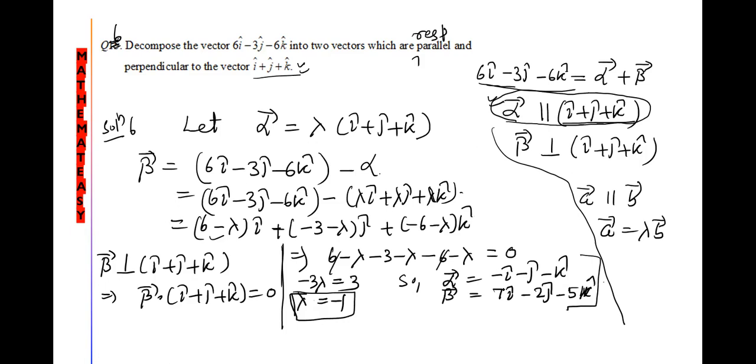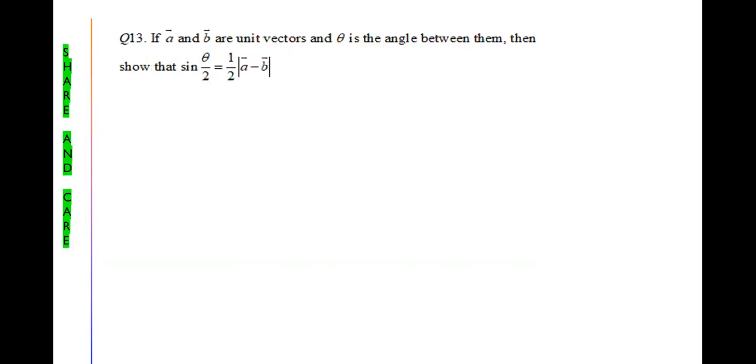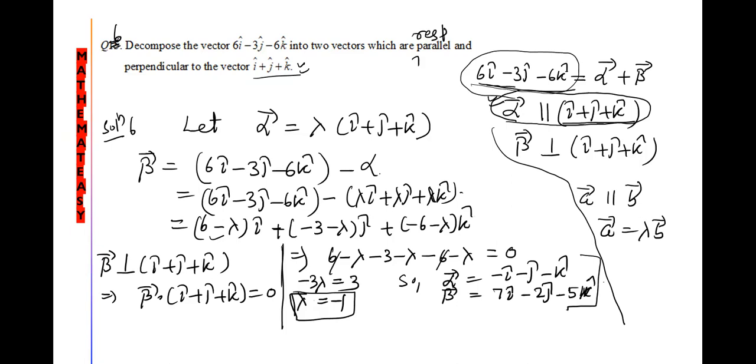Alpha plus beta equals the given vector 6i minus 3j minus 6k. It means the given vector is decomposed into two vectors alpha and beta, where alpha is minus i minus j minus k, and beta vector is 7i cap minus 2j cap minus 5k cap. Whenever we are writing i, j, k, by default we will be taking the cap. Okay, so question number 6 is done.